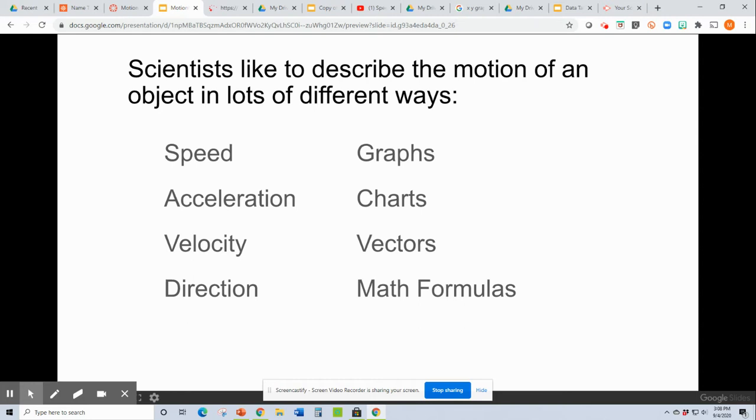We will understand which things require vectors in order to describe them. We will be using some math formulas as models to describe motion, and lots of graphs and charts. So these are just some of the things. And actually, when we get to the graphs, we have several different types of motion graphs that we're responsible for. So we want to make sure that you're comfortable with all of these.